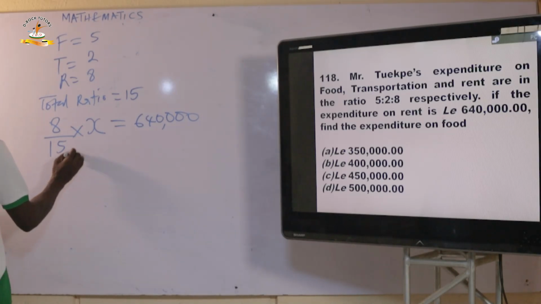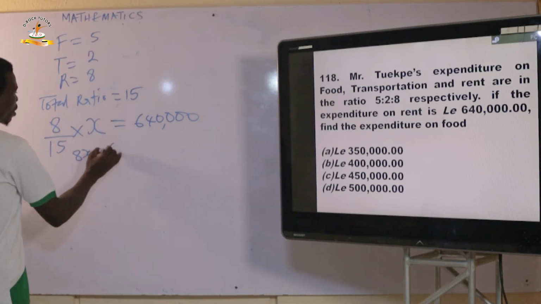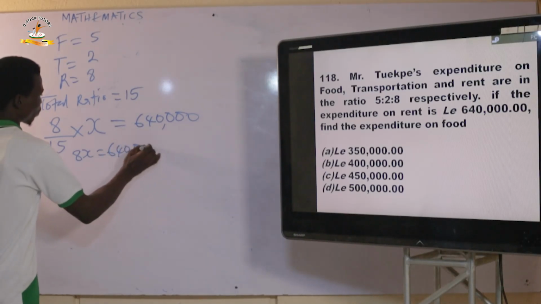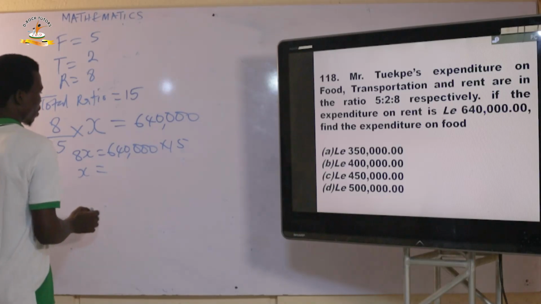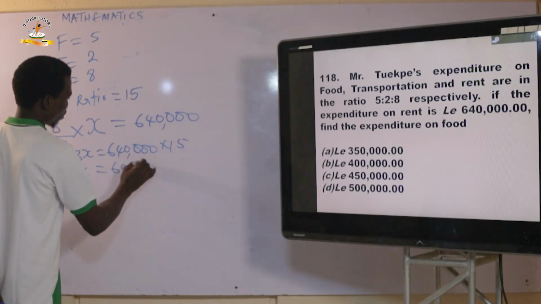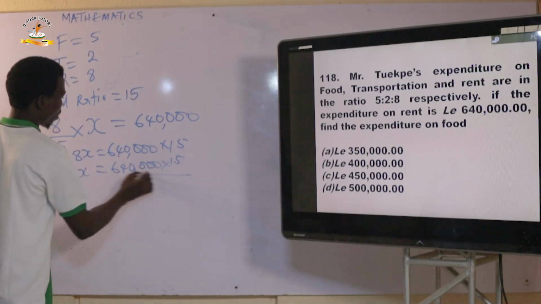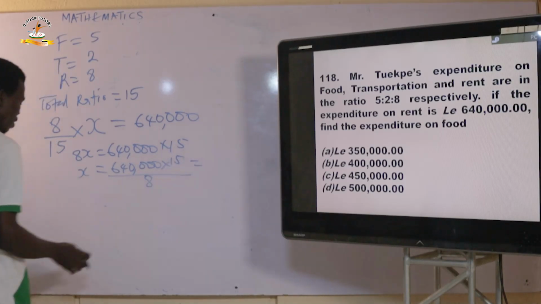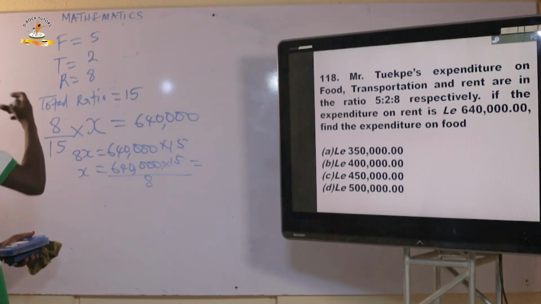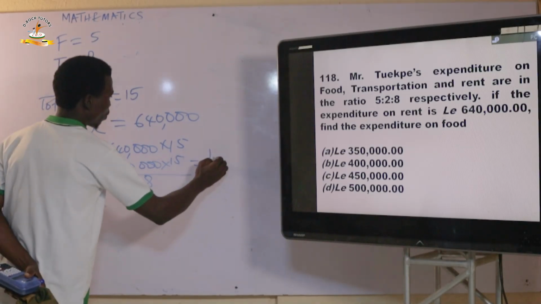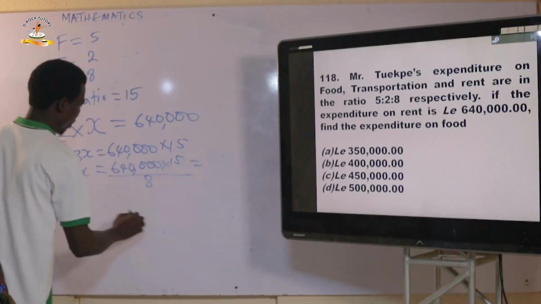So 8x equals 640,000 times 15, and x will be 640,000 times 15 all divided by 8, and this is 1.2 million leon.